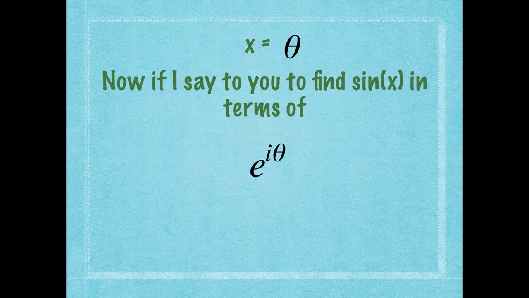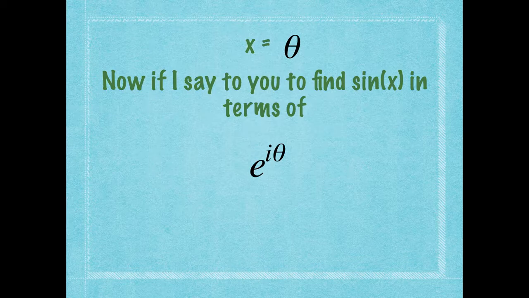So now please pause the video and try to find out a complex representation of sin x in terms of e to the power i theta. You can use the following rules, which were shown to you in the previous slide.